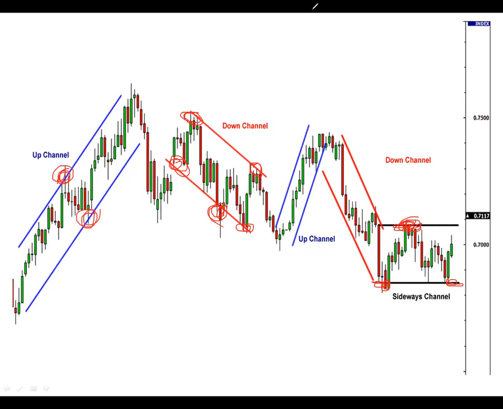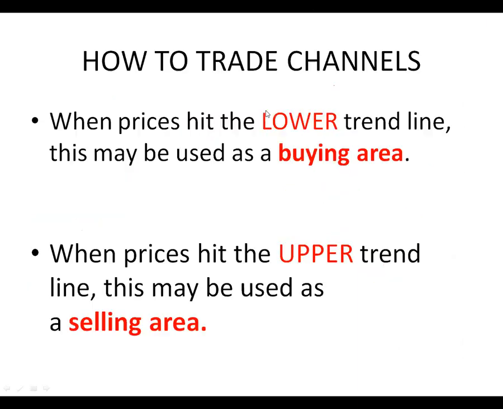Now, we'll soon see how to trade with these channels. All right, let's continue. Now, how do you trade these channels? So these are the explanations. Point number one, when price hits the lower trend line, this may be used as a buying area.